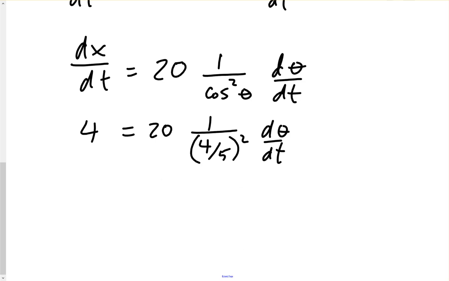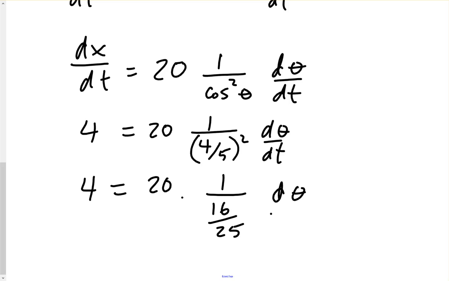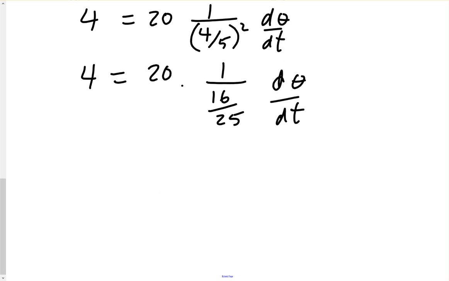So if I simplify this a little further, 4/5 squared would be 16/25, d theta/dt. Now 1 over 16/25, 1 divided by a fraction is the same as multiplying by its reciprocal. The old keep, change, flip. So this gives us 25 over 16.